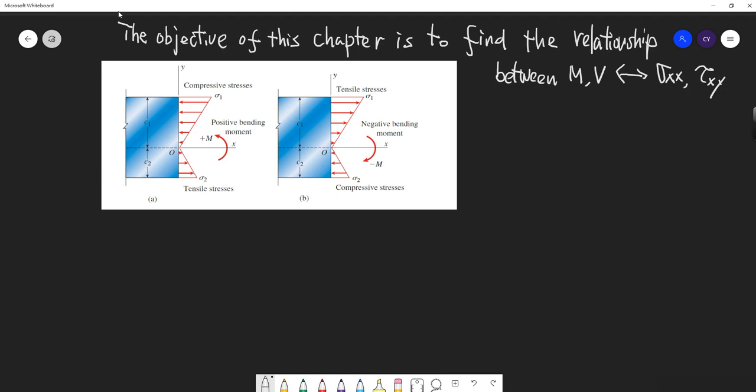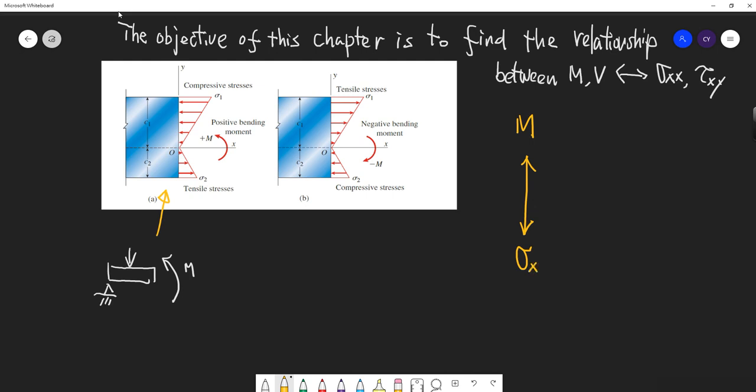So, for example, we have a bending moment. And then we have bending moment. And we will find the bending moment relationship with the sigma x.